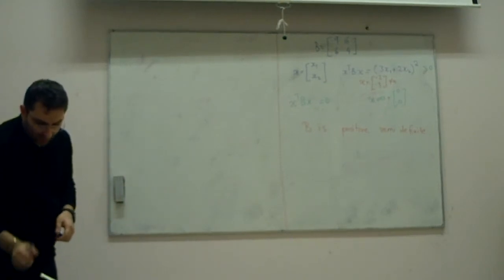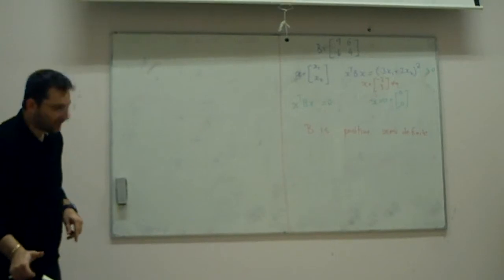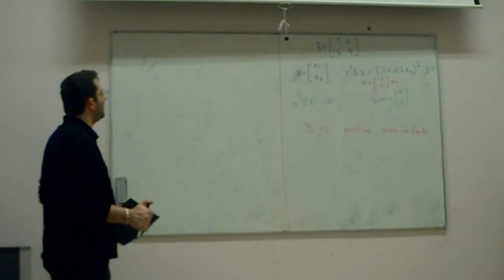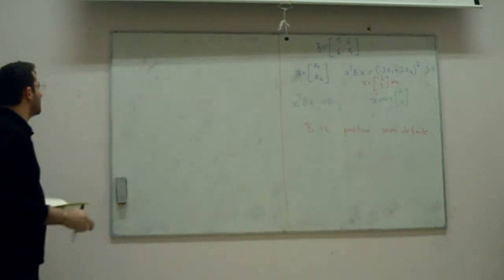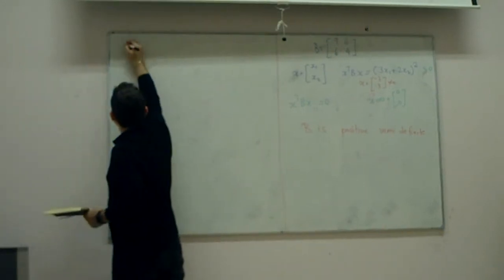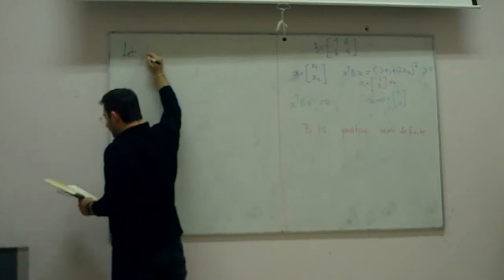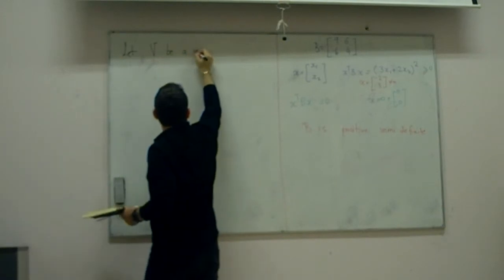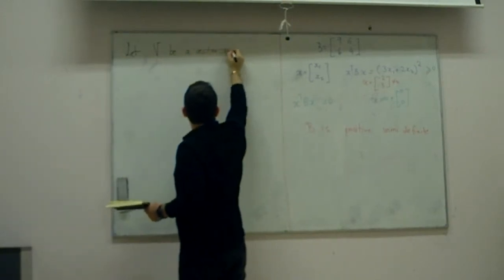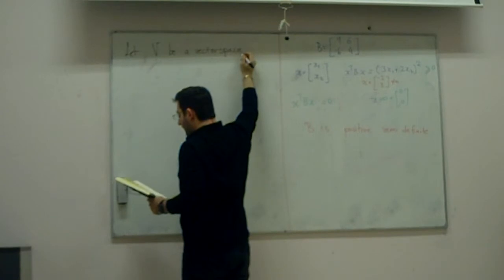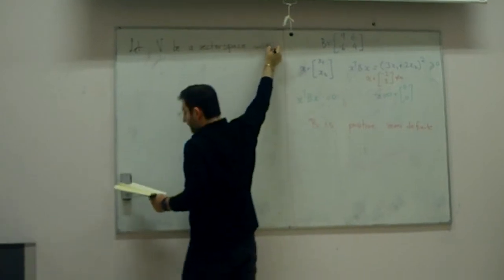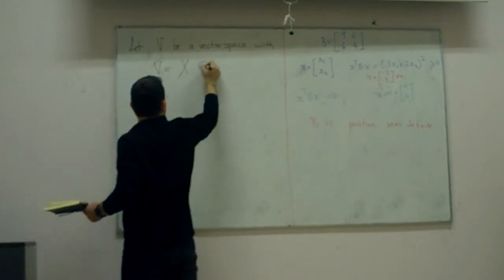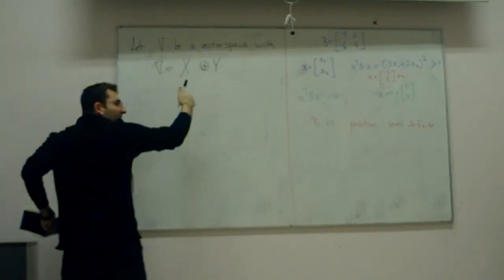So let's define projection. The mathematical notation that we use for projection, as the book states, is this one. Let V be a vector space with this property. What was this notation?